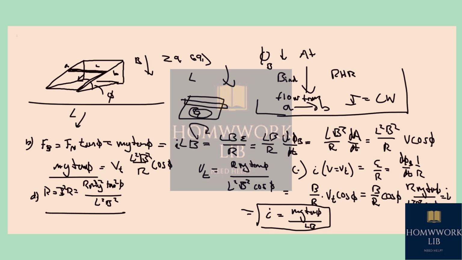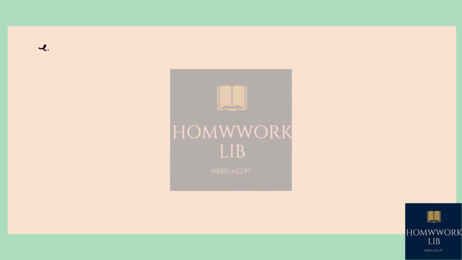And lastly, for part E, we want to find the power from the work that the gravitational force did. The power from gravity is F v times the cosine of the angle, which was cosine of 90 minus phi.